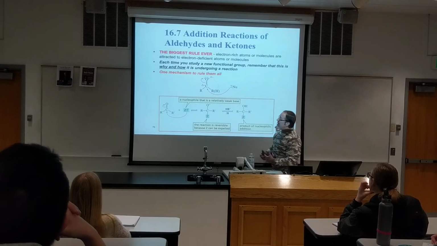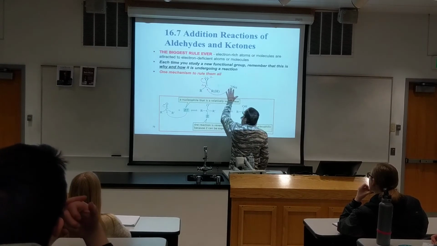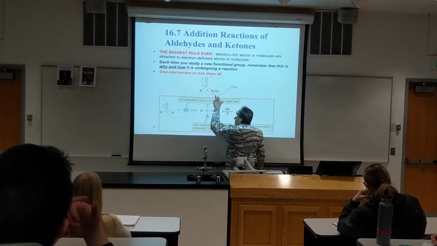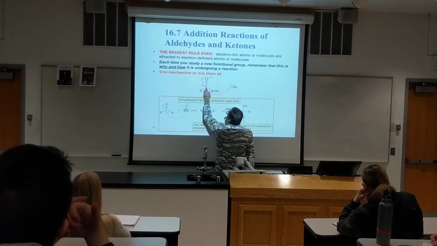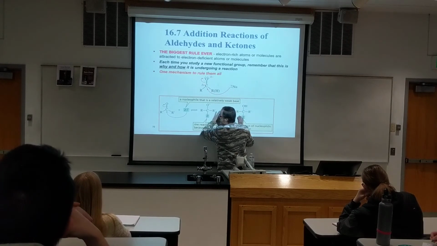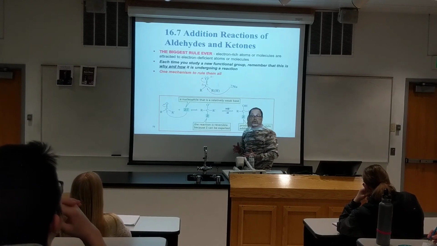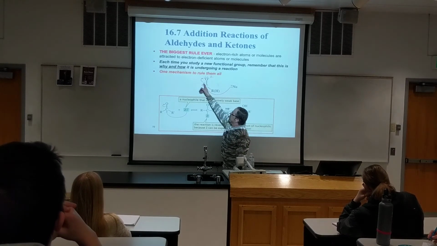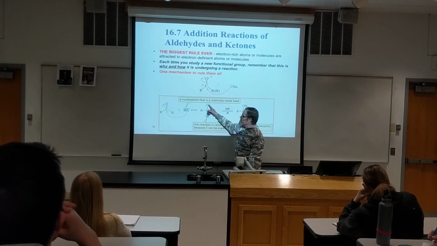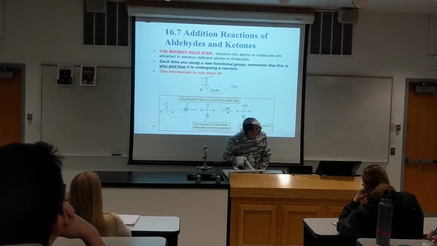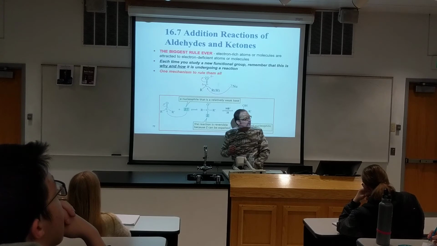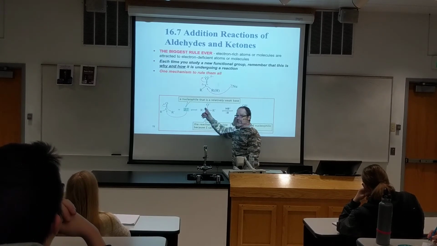And so the bottom line is anything with a lone pair will donate to something that needs those electrons. And so this is a general form. It's really just one big mechanism that you don't have to worry about. We could bring a nitrogen in here, and it would attack and make an alcohol. We could bring a sulfur in here, and it would attack and make an alcohol.